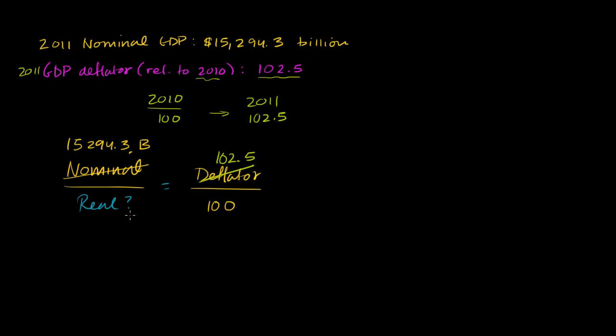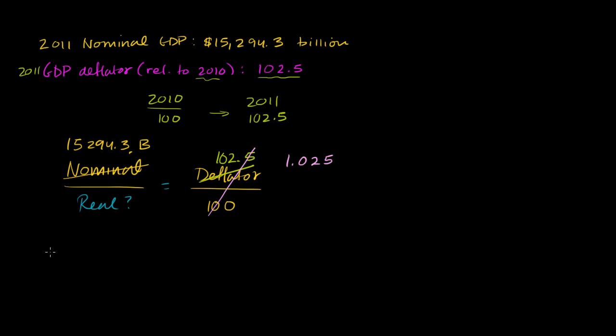And then we can just solve for the real GDP. And the 102.5 over 100, you might be able to do this one in your head. This whole expression right over here just becomes 1.025. And so you have this 15 point something trillion divided by the real is equal to 1.025.